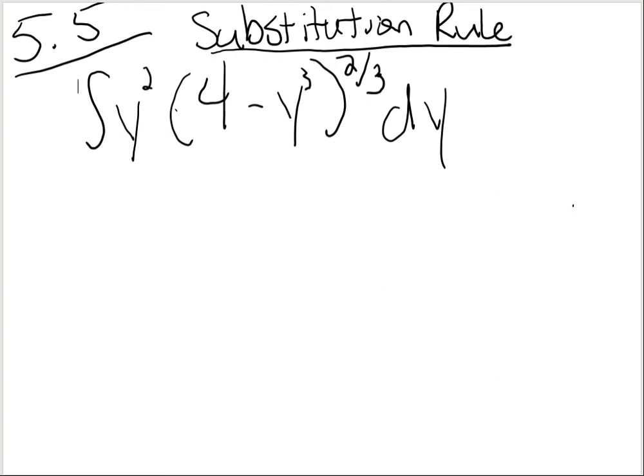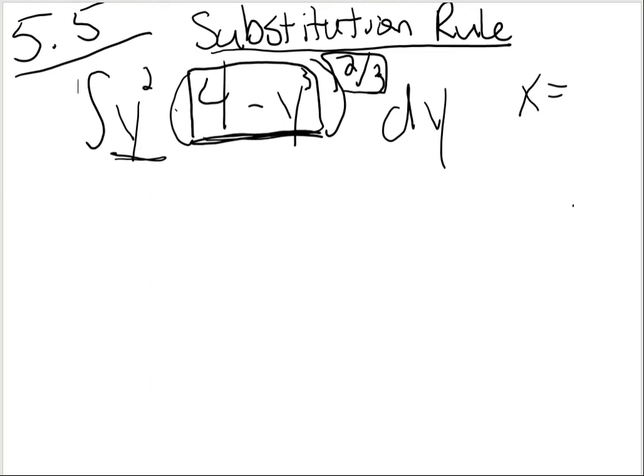Well, I'm going to call x my new variable. I have a couple options. I could choose y squared. I could choose 4 minus y cubed. But I noticed that there's this 2/3 power here. So thinking about it in terms of sort of chain rule, the inside is probably what my substitution is going to be.